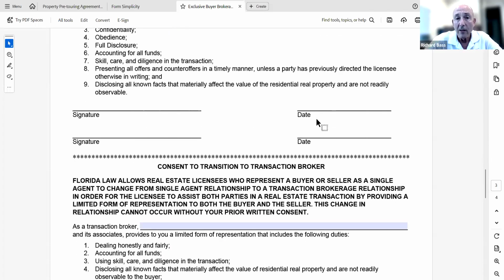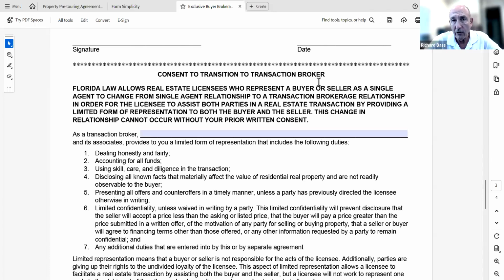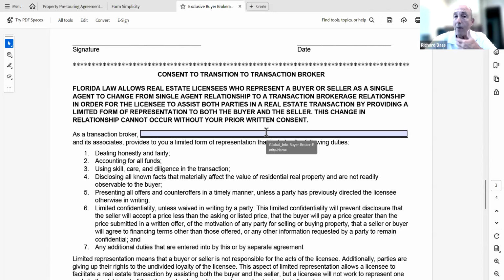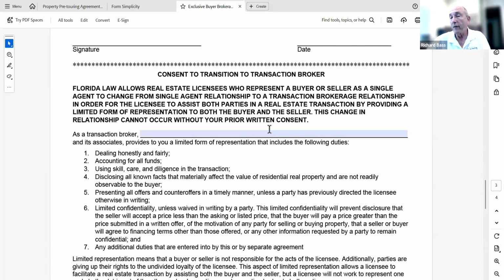All right. And then again, you're consenting to transition to transaction brokerage. Now, Mr. and Mrs. Buyer, understand that all of these agreements are with the brokerage, and my broker has 150 agents in my office under him, which means all of them are bound by this as well. If one of those agents, or even myself, was to have another buyer that was looking at this property, my broker has to transition to transaction brokerage.